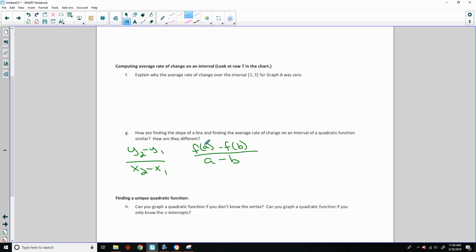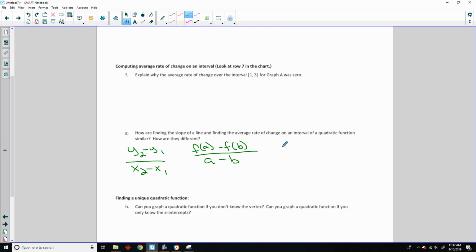So f of a is simply what is y when x is a, and f of b is what is y when x is b, so these are our y's and these are our x's. So they're the same because we're using this formula, rate of change, change in y over change in x.